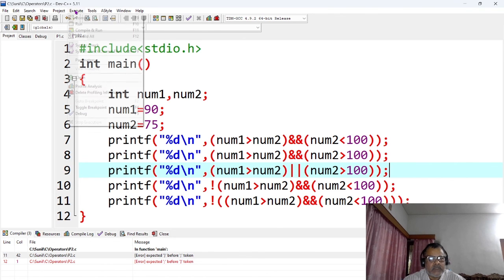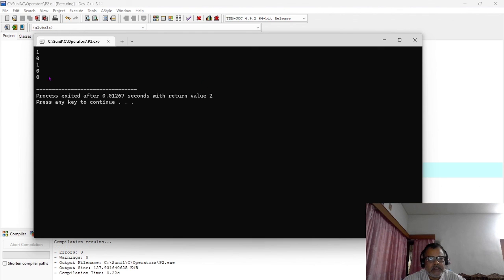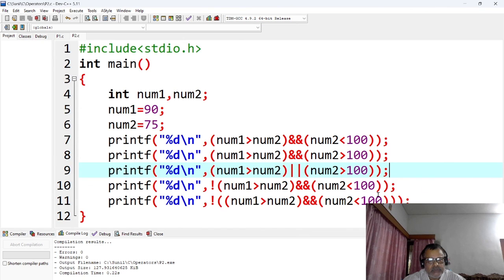Now it will work. It is again 0. Why 0? Because you will get true, and due to this logical not operator, you will get false.